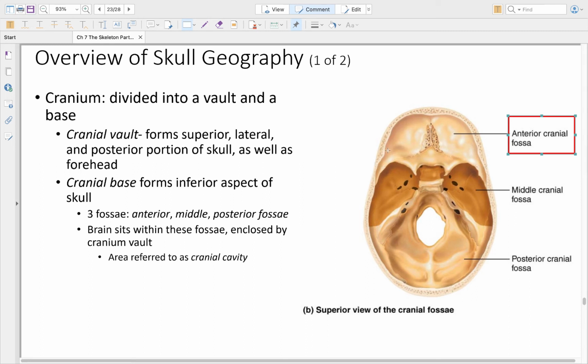Obviously, this would be the frontal lobe. And then this one's interesting because you can see the sphenoid bone. That makes the bottom or the base of the skull. And this one's called the middle cranial fossa. And then this is going to hold the occipital lobe, the inside of it. And it's referred to as the posterior cranial fossa in reference to the actual cranial vaults.